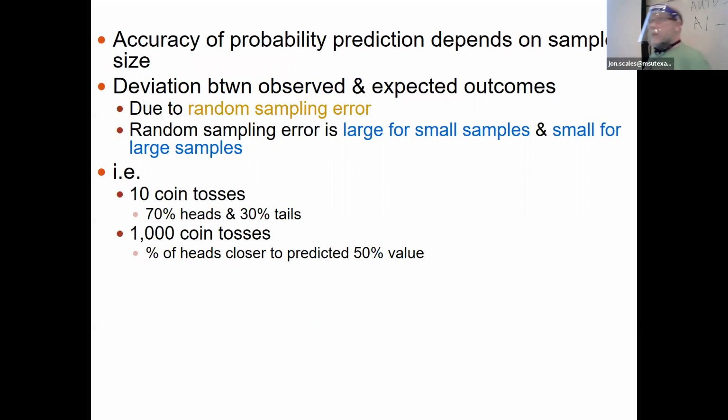Another thing about probabilities, and this leads into the trickery that people can play with probabilities, is to think about sample size, okay? Large sample size, less error. Small sample size, more error, okay? So if you flipped the coin 10 times and you got 7 heads and 3 tails, you wouldn't really think anything of it. You wouldn't go, oh, you're cheating.